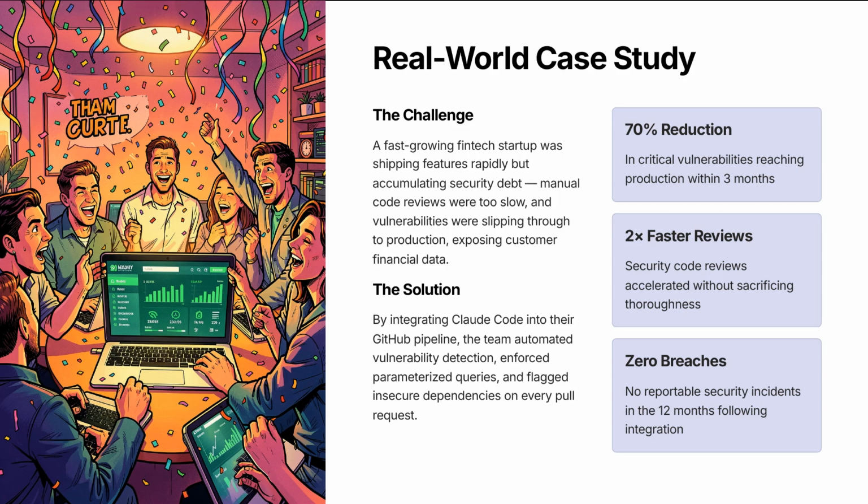As a result, they saw a 70% reduction in critical vulnerabilities reaching production within just 3 months, doubled the speed of their code reviews, and maintained zero security breaches over the following year. This case highlights the significant impact that automated, secure coding tools can have on a company's security posture.